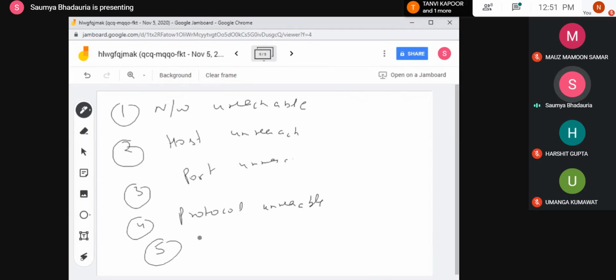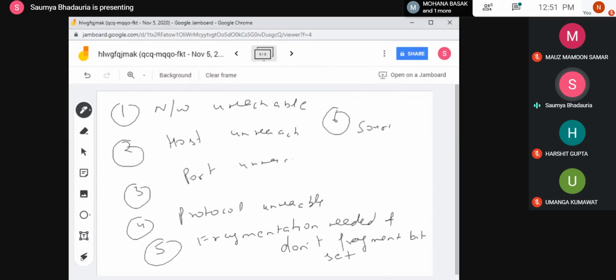Fifth, you can have fragmentation needed and don't fragment bit set. And finally, sixth is source route failed. Clear?